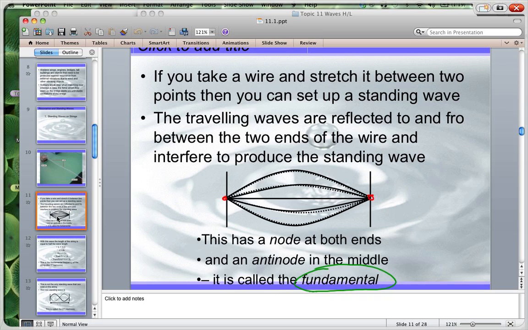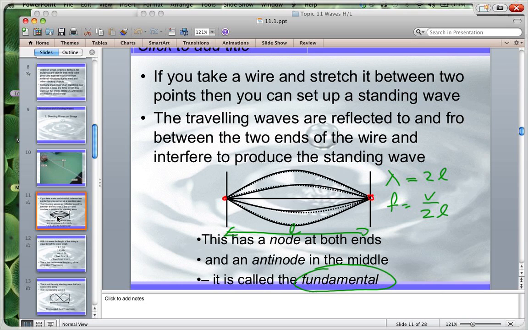Here we have a wavelength. If this again, as we mentioned before, is equal to L, we have a wavelength of 2L, and we have a frequency which is equal to my velocity divided by wavelength, my velocity over 2L.